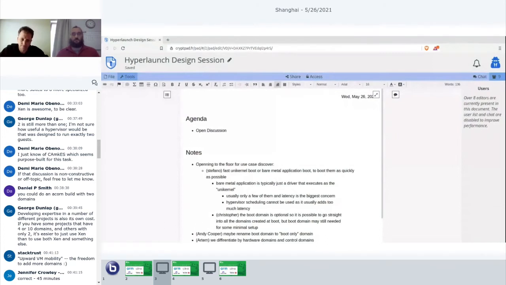Go ahead, Stefano. I already had this problem for another reason. The system device tree effort is very similar to Hyperlaunch and DOM zero-less. It defines this concept of domains that can be VMs for Xen, or bare metal things running on a coprocessor and so on.